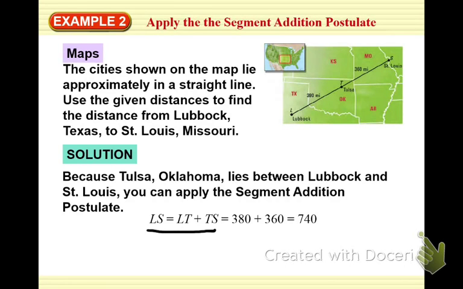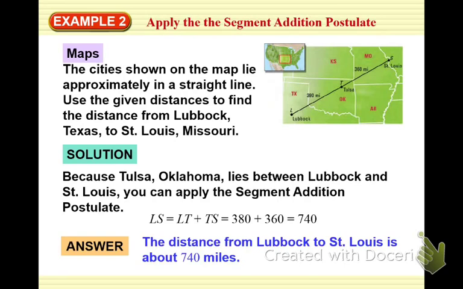Write out your segment addition postulate every time, and then plug in what you know and work from there. Not so much in this one do you need to do that. So the distance from Lubbock to St. Louis is about 740 miles.